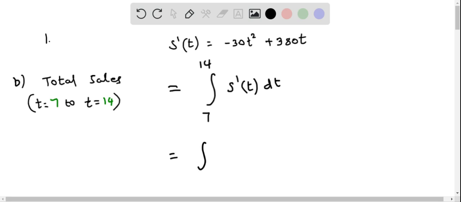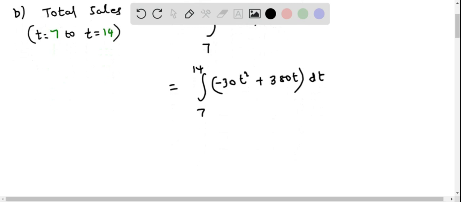So we replace S prime of t: from 7 to 14, negative 30t squared plus 380t, dt. We first split this into two integrals, and I'm going to factor out the constants as well. I can write the first integral as negative 30 times the integral from 7 to 14 of t squared dt, plus I factored the 380 from the second integral.